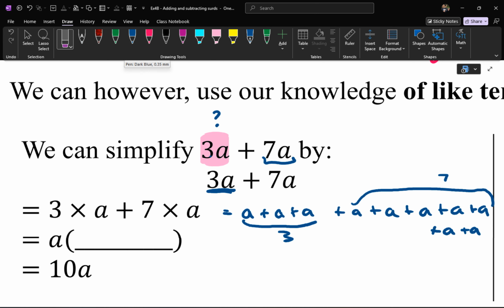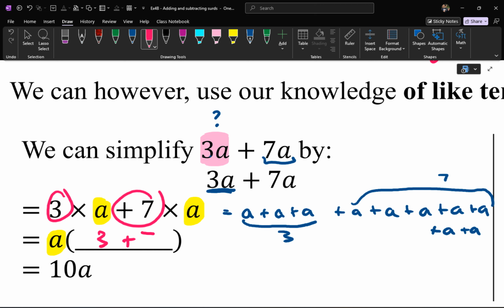Alternatively, another way to think about it is they both have a factor of A. And remember back then you learned to factorize? We can factorize out the A. What goes inside the brackets? 10. Well, yeah, it is 10, but it's 3 plus 7. So remember, you can factorize it out. It'll be A groups of 3 and A groups of 7. That's how you get 7 groups of A and 3 groups of A. Remember how you expand brackets back then?